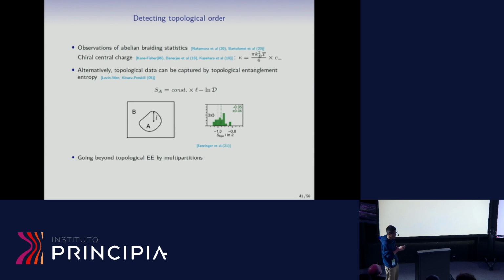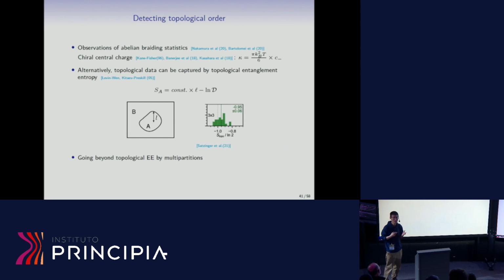But the problem is that in terms of these characteristic data, we cannot fully distinguish different topological states of matter. For example, the total quantum dimension is the smoking gun of topological order, but it cannot distinguish, for example, the toric code topological order from the Ising topological order.